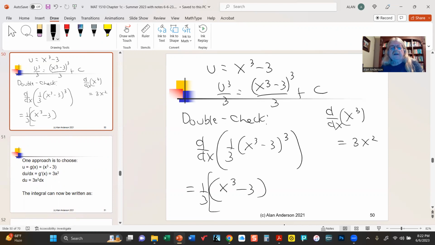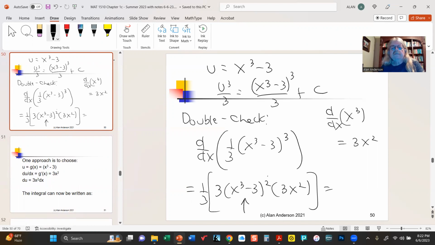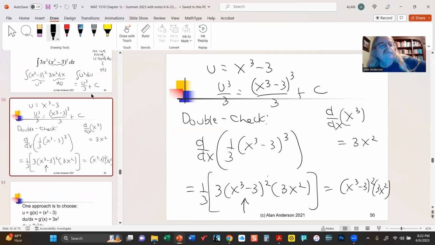Okay, so in other words, here we're going to have, I wrote it incorrectly. And then the derivative of what's inside the parentheses is 3x squared. Now we'll simplify it. And that was the original function.